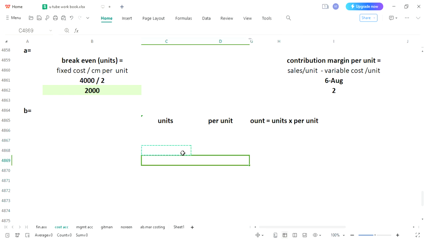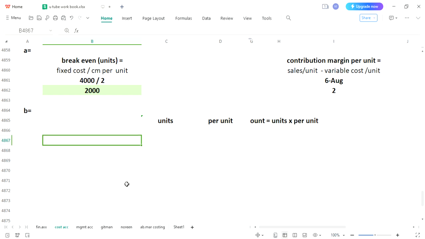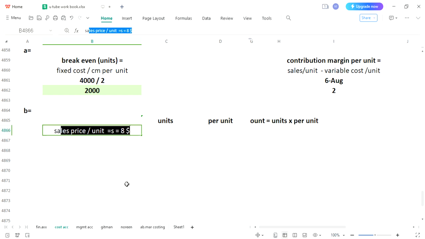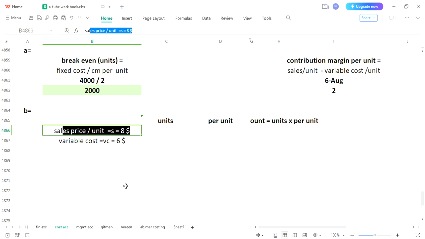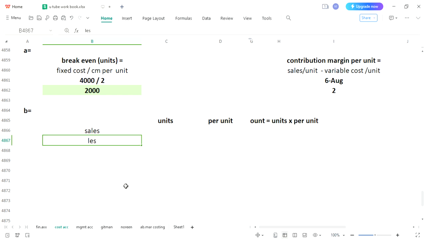Let's arrange it so that we don't feel any difficulty over here. Okay, the statement would start with sales, and you will subtract, first you will write your sales, and then you will subtract your variable cost.